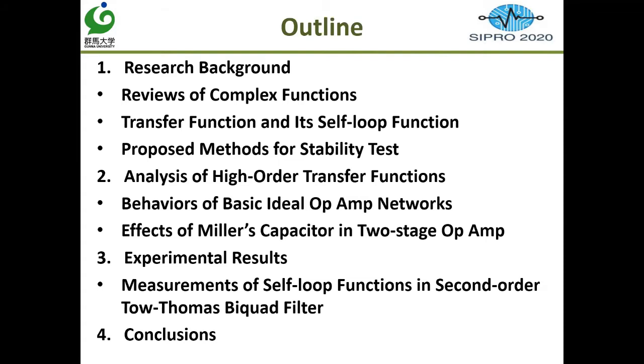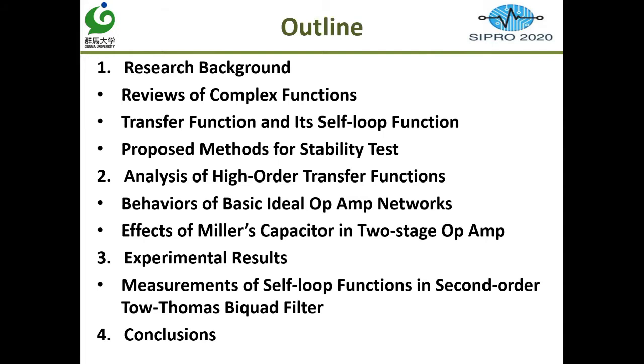In the second part, we show a simple second order transfer function, and we investigate the behavior of the phase margin of the return ratio function in a second order system. And we also show the phase margin of the basic idea of the M network.